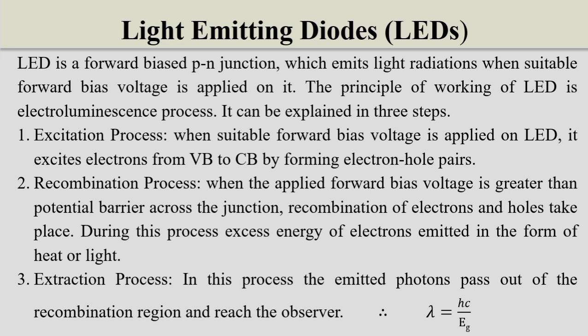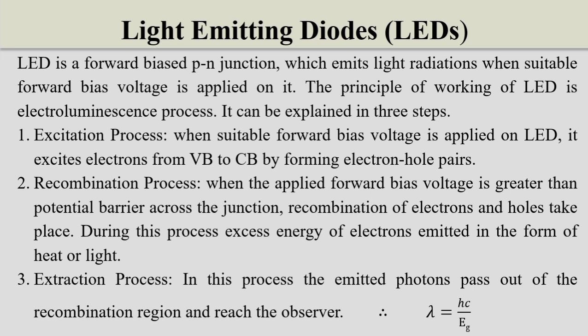Another example of luminescence is cathodoluminescence. Using an electron beam, a beam of electrons, we can create electron and hole pairs. And also we have electroluminescence. Using an electric field or electric current, we can create electron and hole pairs.